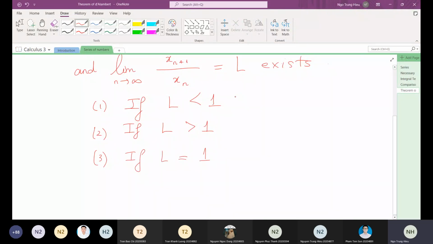So in the first case, the series converges. In the second case, the series diverges.